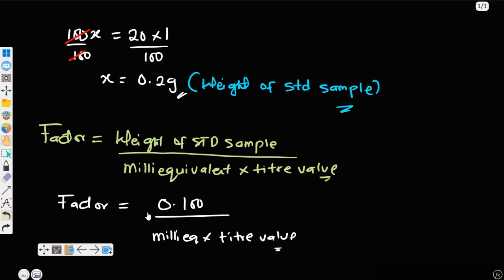But since they already gave you the formula you should use, don't bother using this one again. Use the given formula. They already know what they measured there that made them give you 0.1 gram as opposed to 0.2 gram. All right, so that is that.